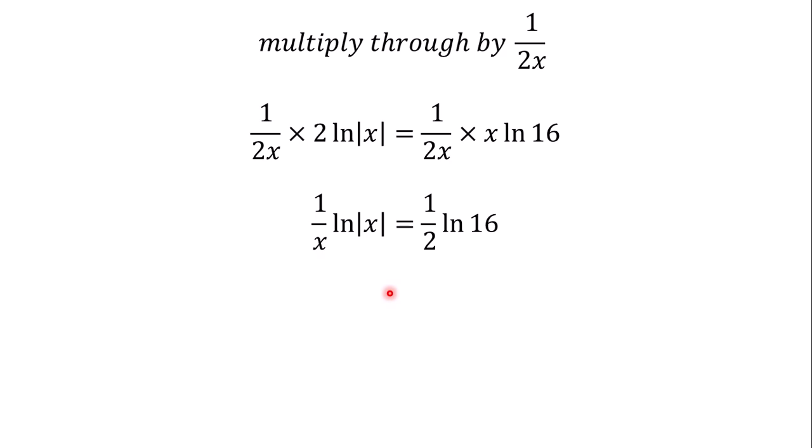Okay, good. So here what we are going to do is that 1 over x can also be written as what? x raised to the power minus 1. And then this 1 over 2 can also be written as 2 raised to the power minus 1. Or we can bring it to this side, because it's a number here.